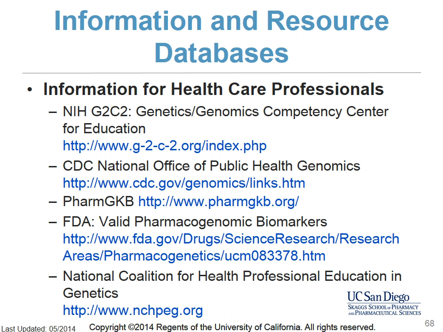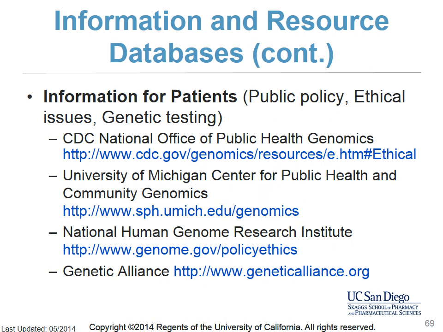Technical and practical information is also available at PharmGKB, the FDA, and the National Coalition for Healthcare Professional Education in Genetics. In addition, there is information for patients available at the CDC National Office of Public Health Genomics, the University of Michigan Center for Public Health and Community Genomics, and the Genetic Alliance.